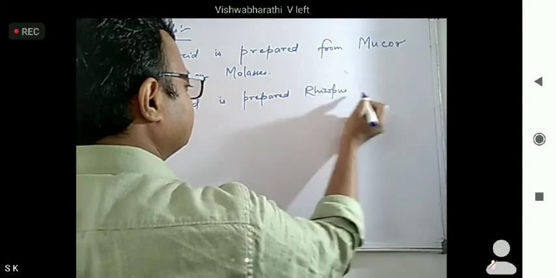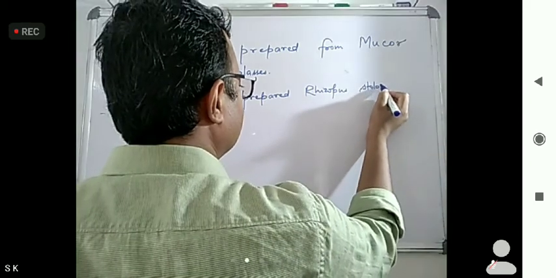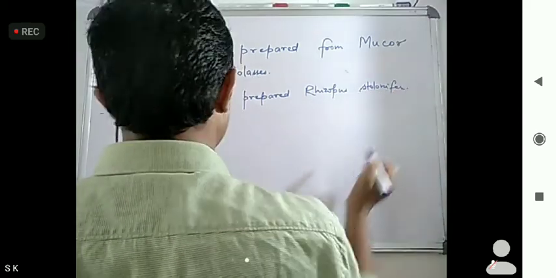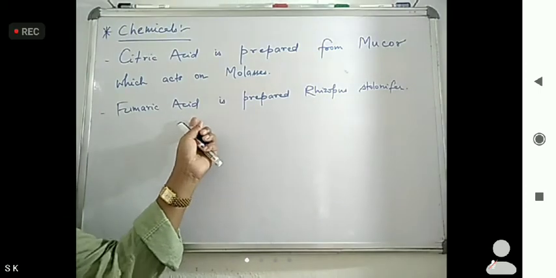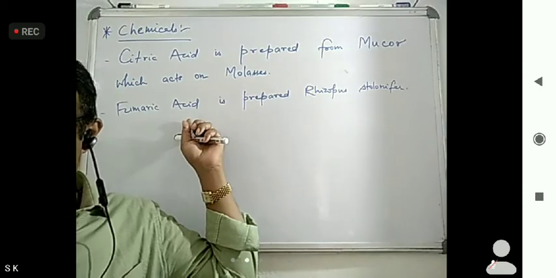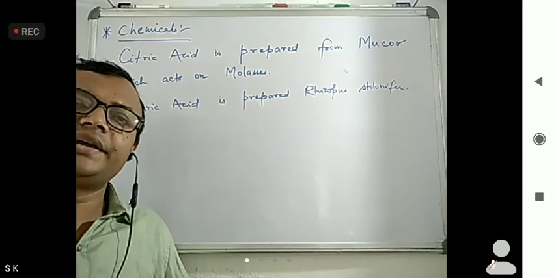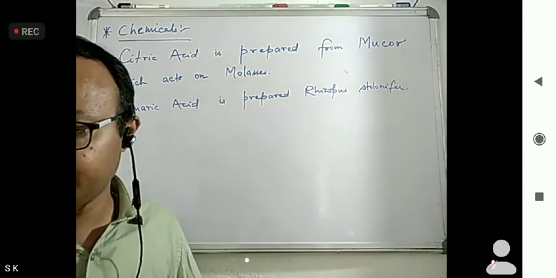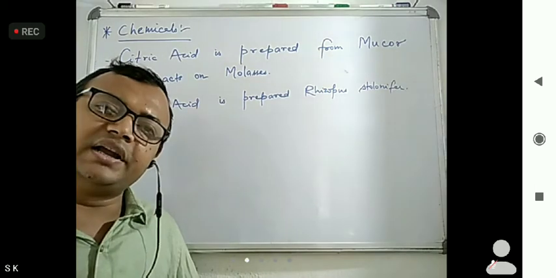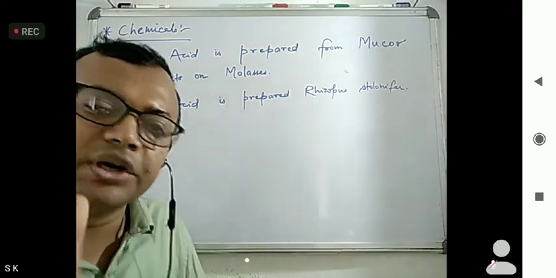Rhizopus stolonifer. Okay, so fumaric acid is prepared by Rhizopus stolonifer. If we are seeing lactic acid, this lactic acid is also prepared by Rhizopus stolonifer.